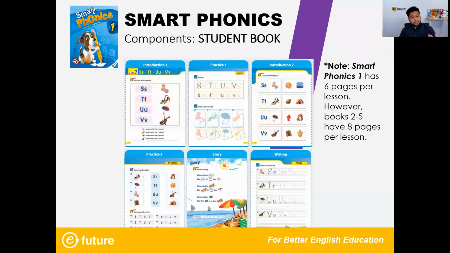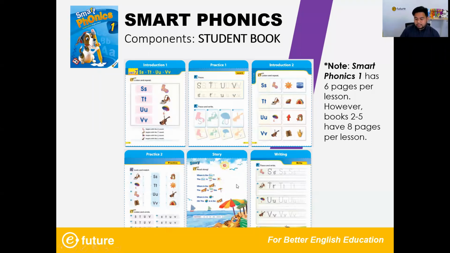Sue mentioned yesterday that stories are good for students to get exposed to sight words, also learning the words in context. So if you aren't using stories with phonics, it would be a good help to the students as they transition into reading, to use stories, to use readers.